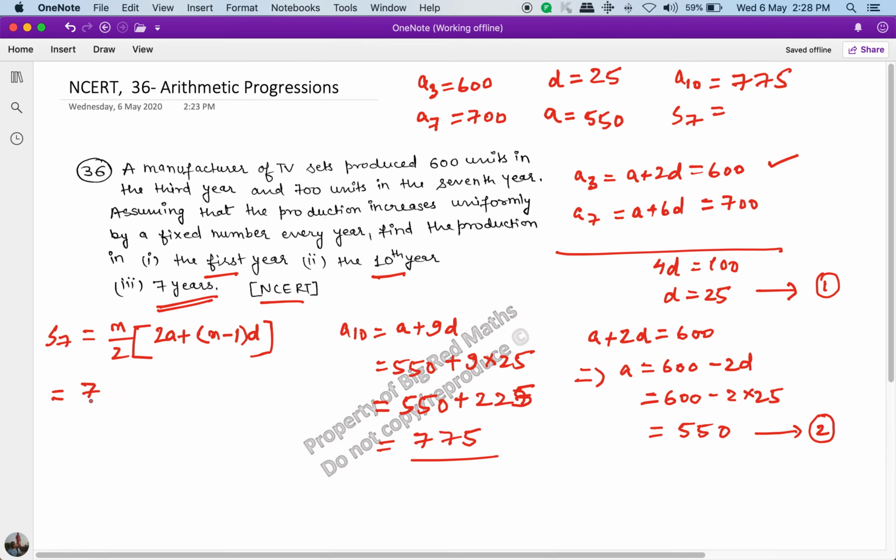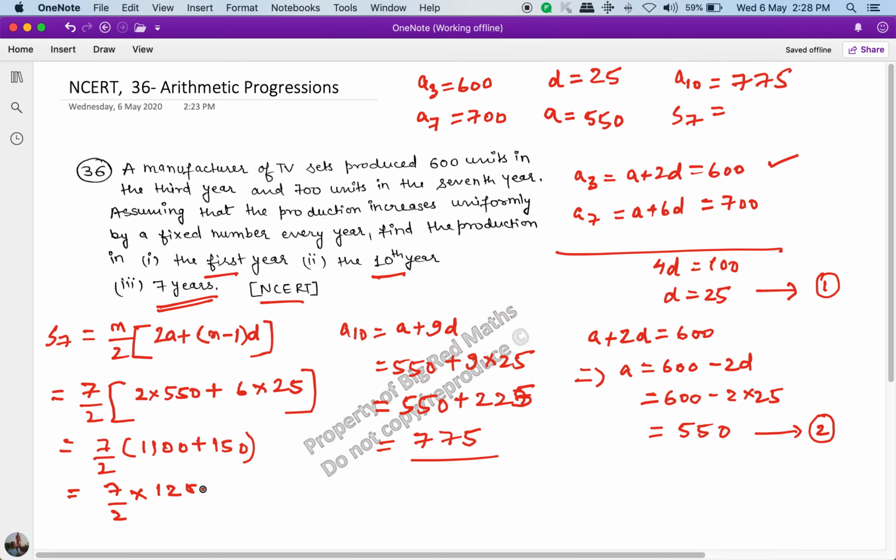N is equal to 7, so 7 by 2 multiplied by 2a, which is 2 into 550, plus n minus 1, which is 7 minus 1, 6 into d, which is 25. What this becomes is 7 upon 2 multiplied by 1100 plus 150. This becomes 7 by 2 into 1250.